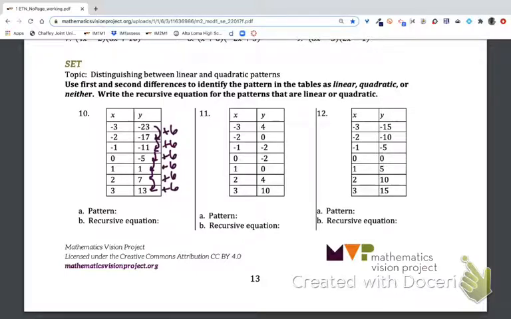So we can say that the pattern has a common difference of plus 6. If that's the case, we know that the recursive equation starts at 1, and everything after that, and this is an x, takes the previous term and adds 6.